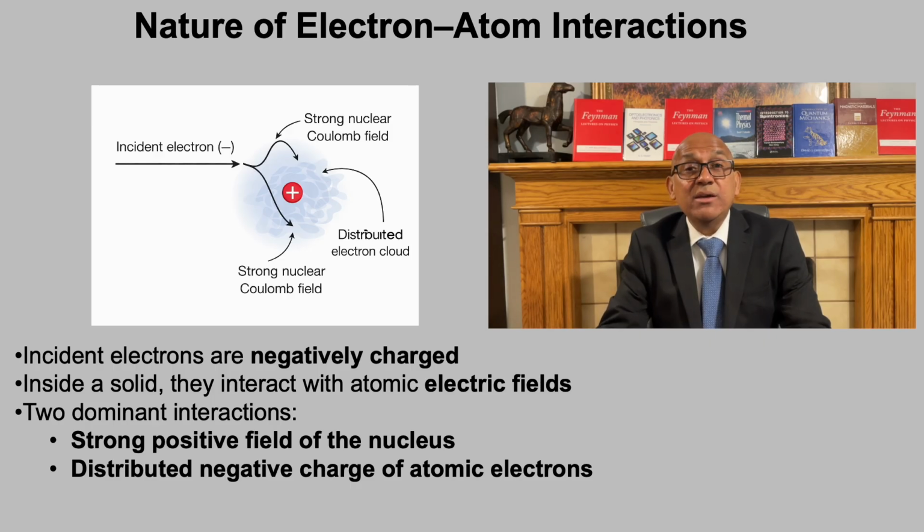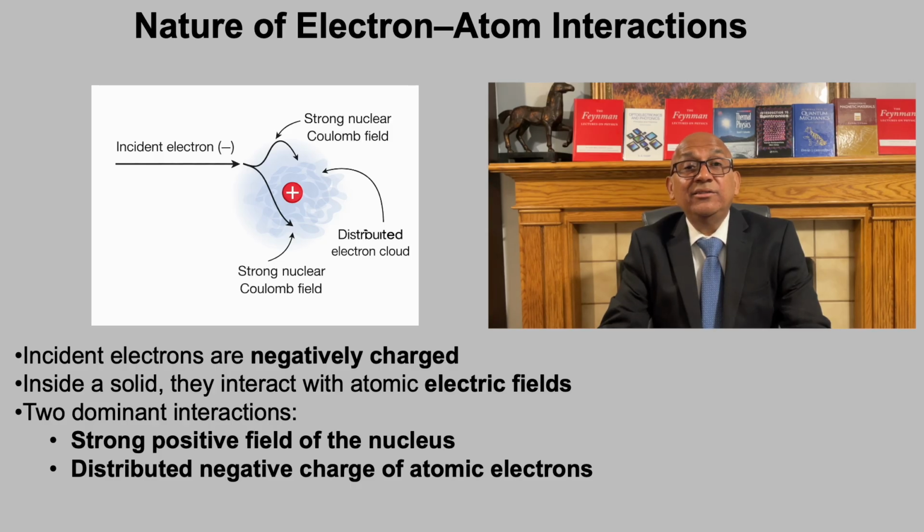The incident beam consists of high-energy electrons, which are negatively charged particles. As these electrons enter a solid, they experience the electric fields associated with atoms in the specimen. There are two primary sources of these fields. First, there is the strong positive Coulomb field of the atomic nucleus, where the positive charge is highly concentrated.